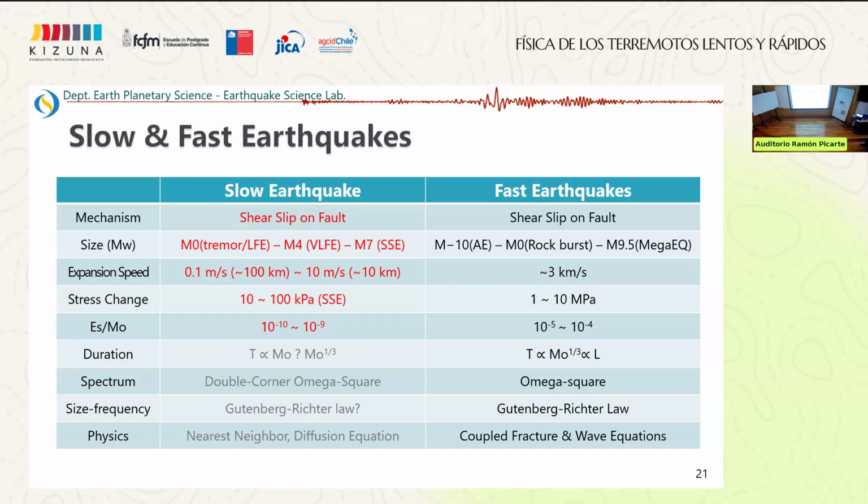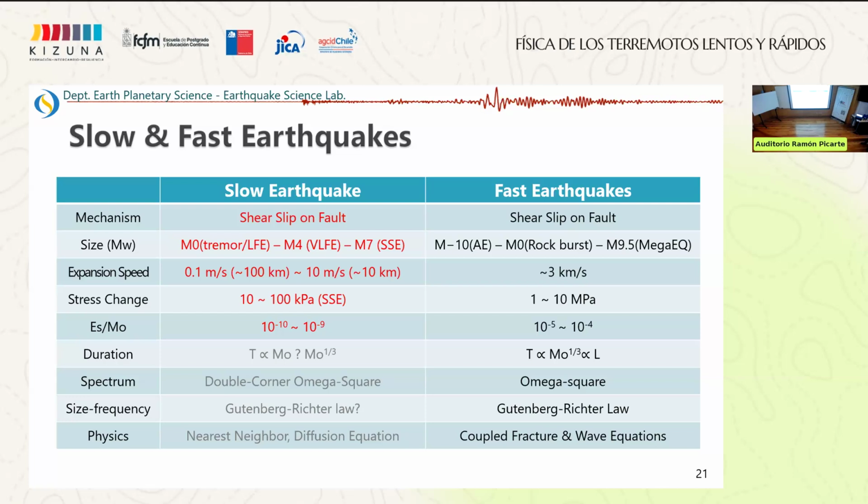For slow earthquakes, we have some difference in size. Magnitude 0 is tremor or low frequency earthquake. Magnitude 4 is a medium size event called VLFE. Magnitude 7 is a slow slip event. They have different names, but they are all slow earthquakes in different sizes.